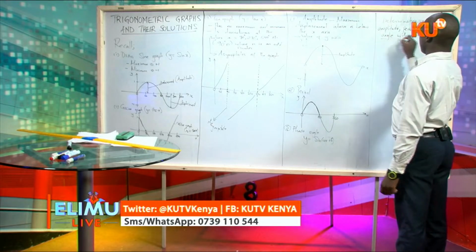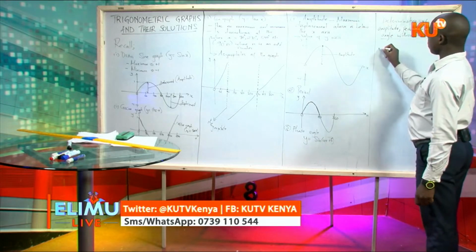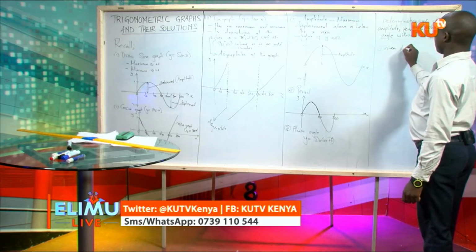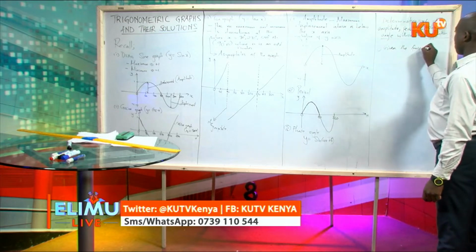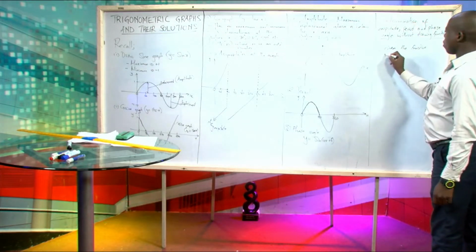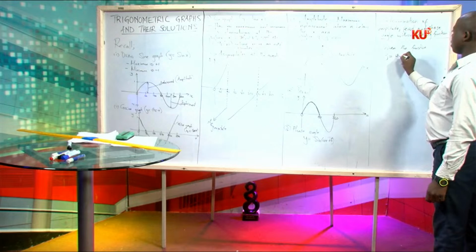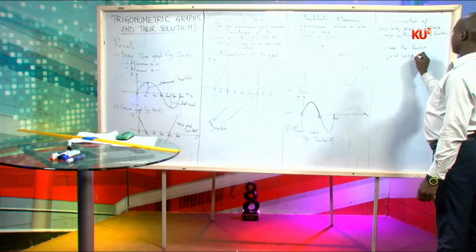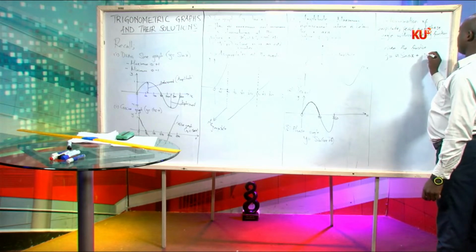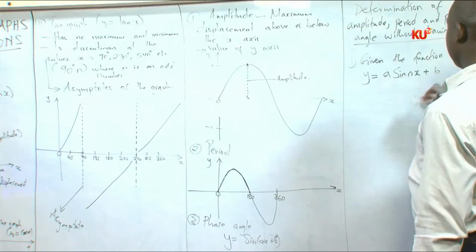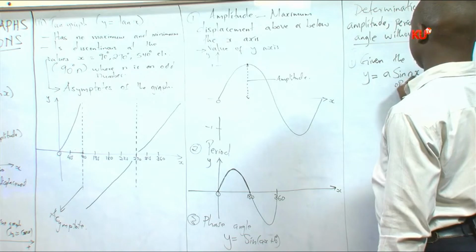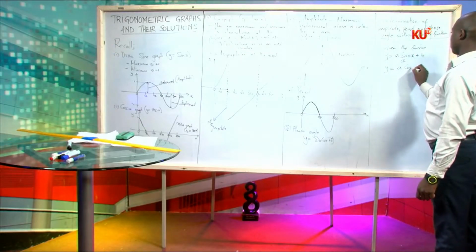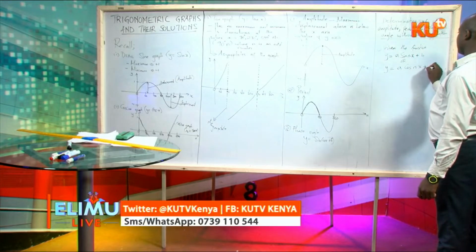So if we are given now a function, y is equals to a sine nx plus b, or y is equals to a cos nx plus b.